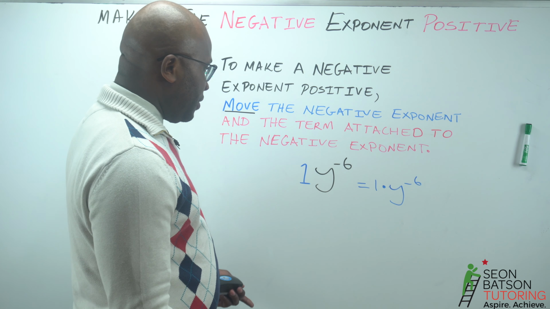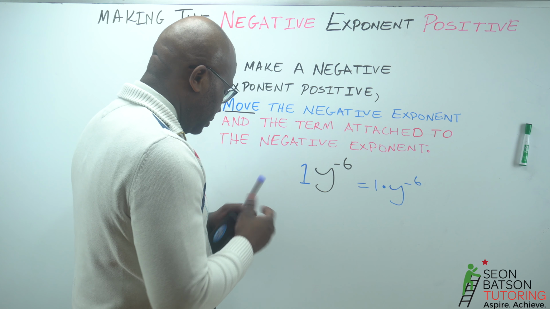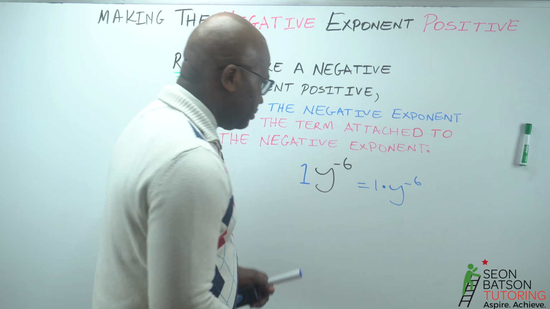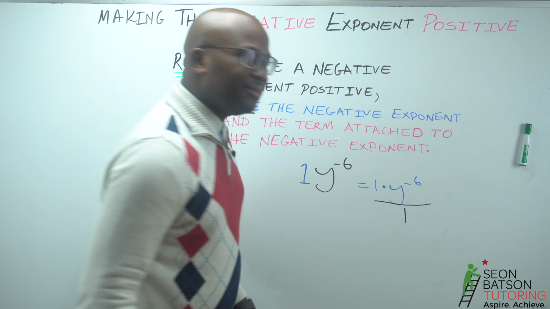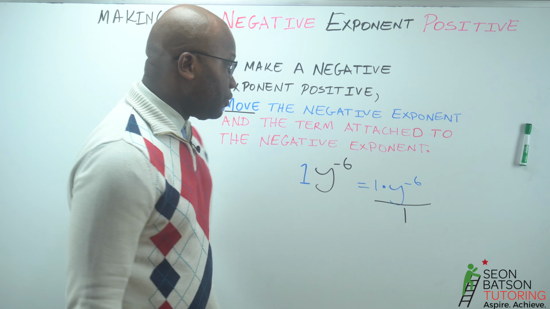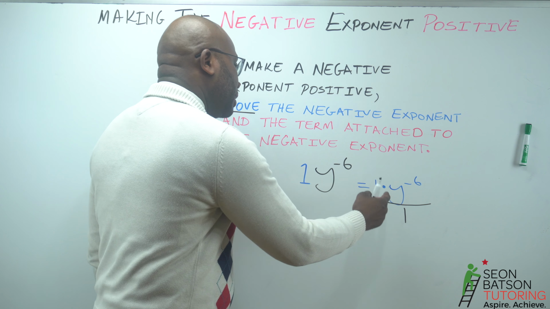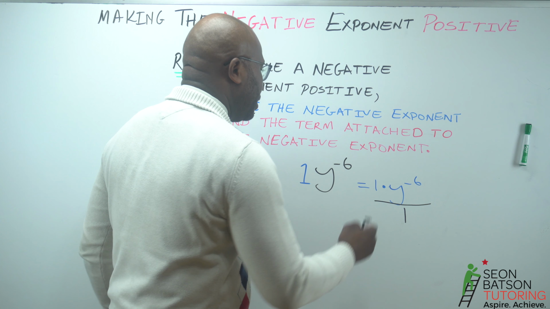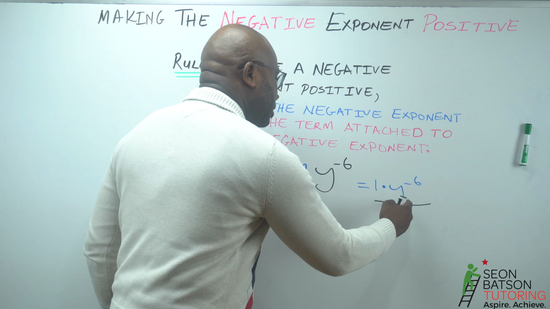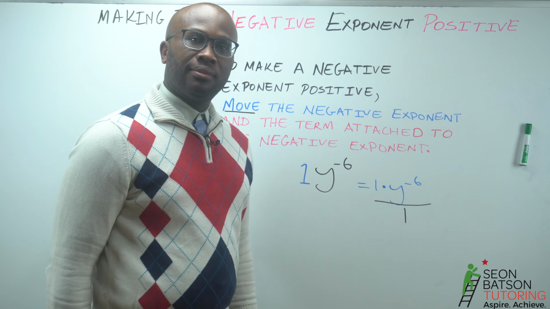Well, you might be saying, where is the denominator? Well, you know that to make any term a fraction, we can just put it over 1. See that? So to make the negative 6 positive, we'll simply move the negative 6 and the y to the denominator. Yes?